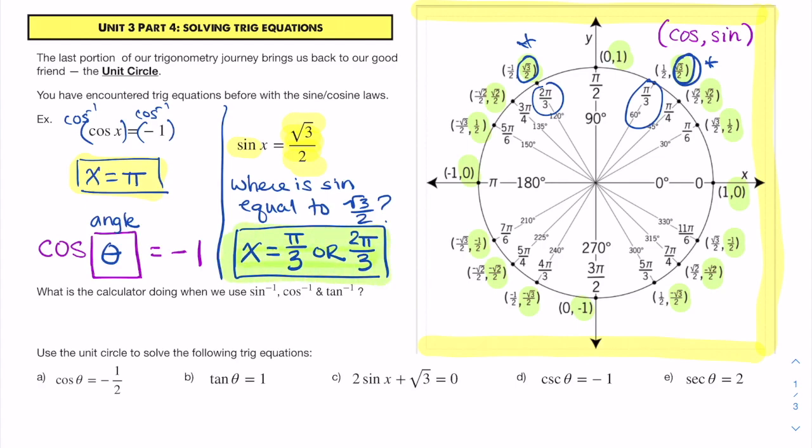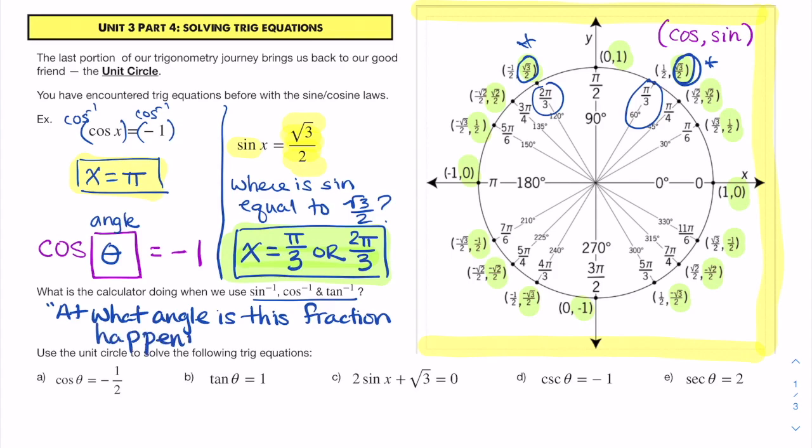Okay, so I'm kind of turning you into little mini calculators here. So remember, we used to do this sine inverse, cosine inverse, or tangent inverse on the calculator. So really, I'm getting you to see that what the calculator is doing is asking at what angle is this fraction happening, right?